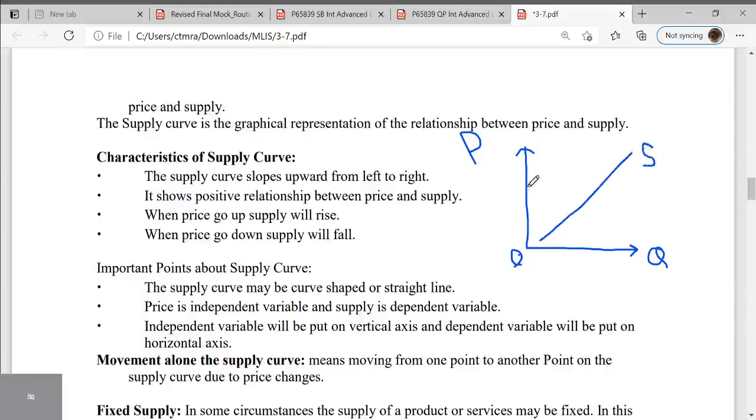So let's see what's the response from the price. When the price is changing from P1 to P2, the price is falling from P1 to P2. So what's happening in response? The previous quantity supplied was Q1, but now it is falling to Q2.